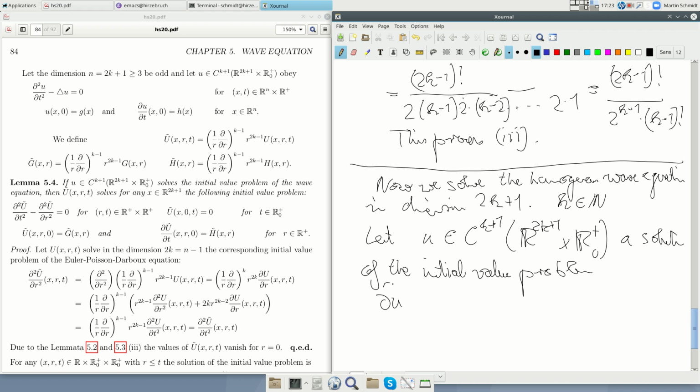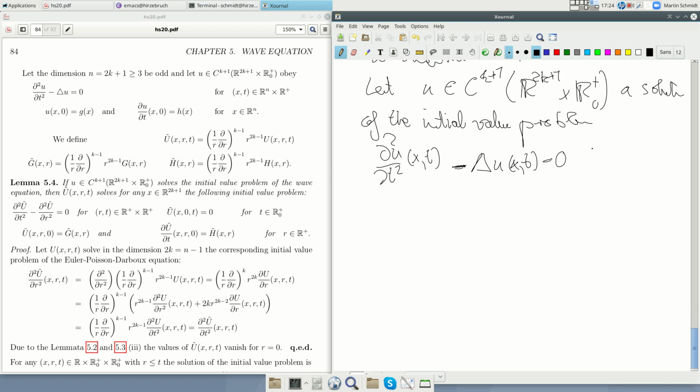Okay, wave equation: u_tt minus Laplace u of x, t is 0, and u of x, 0 should be g of x, and du by dt of x, 0 should be h of x, as usual. Now we define u tilde.